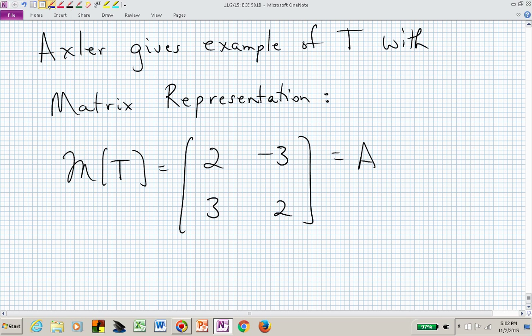Is that a self-adjoint map? No, the diagonals are real, but the off-diagonals are not complex conjugates. So this is not self-adjoint.